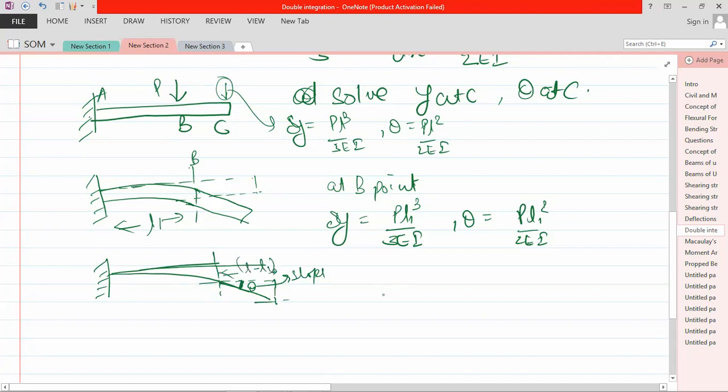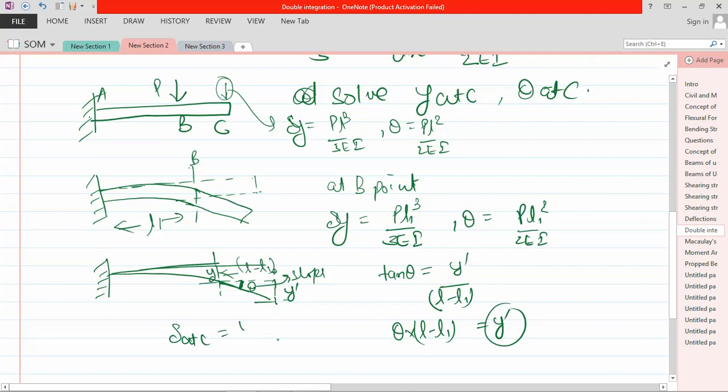So use tan theta. Tan theta is equal to y dash by L minus L1. Because theta is so small, we can reduce tan theta to theta. So theta into L minus L1 is equal to y prime. Now you know y prime and you know the deflection here, so the total deflection at C is delta is equal to y plus y prime.